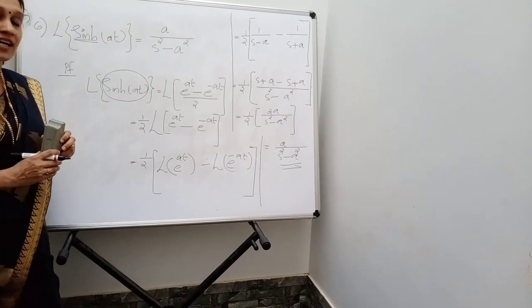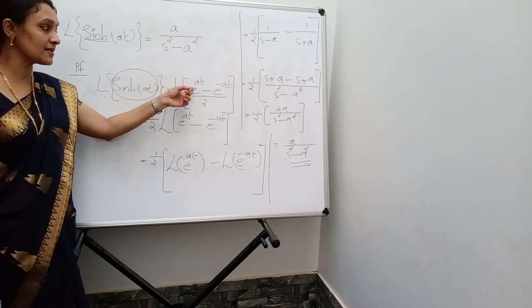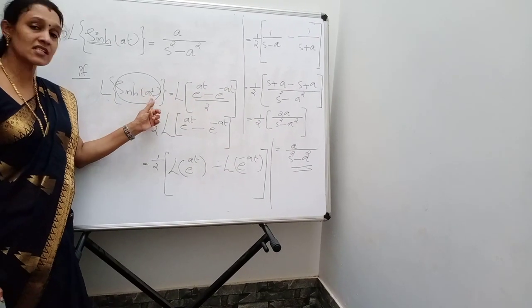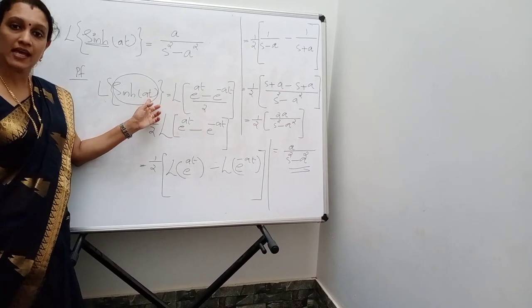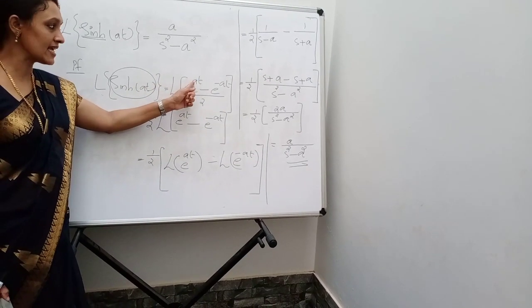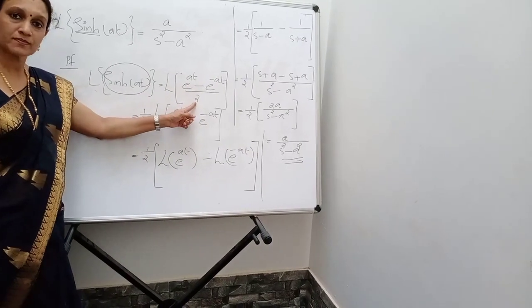You might have learned the definition of sinh x. It is e raised to x minus e raised to minus x divided by 2. Instead of x, in this case we have at. Therefore, L of (e raised to at minus e raised to minus at) divided by 2.